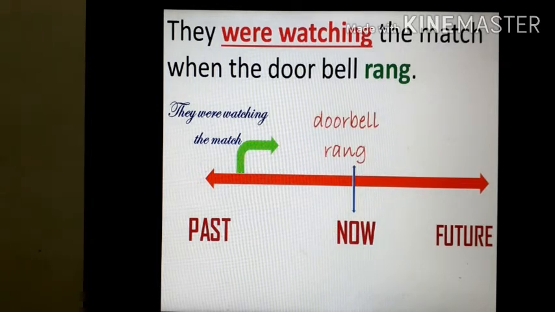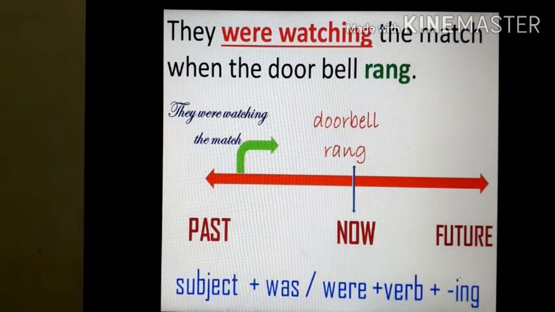So, someone needs to go to the door and see who it was, isn't it? So, the past continuous tense basically talks about an unfinished ongoing action in the past, and normally we also mention another finished action that interrupted it. We make this sentence with a subject plus was or were plus a verb in ing form.